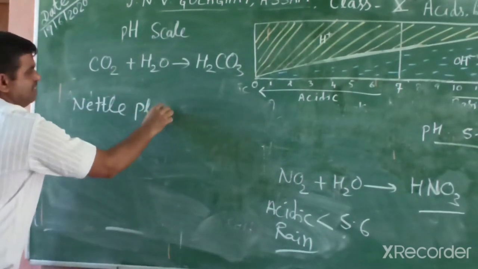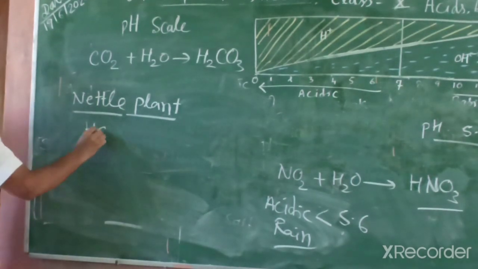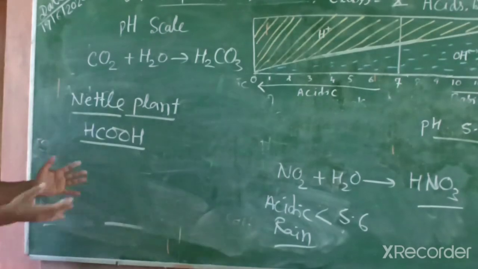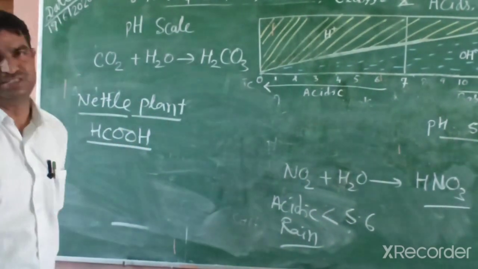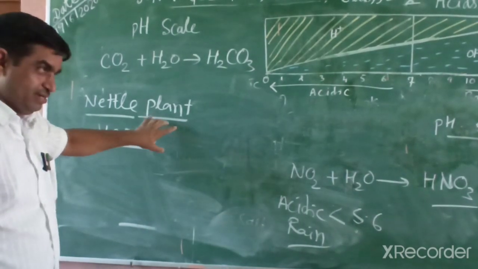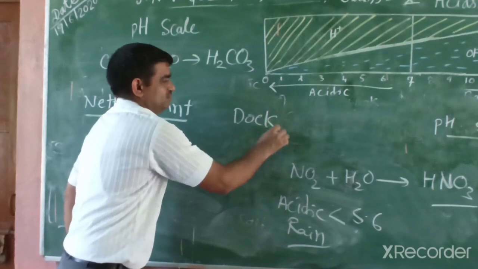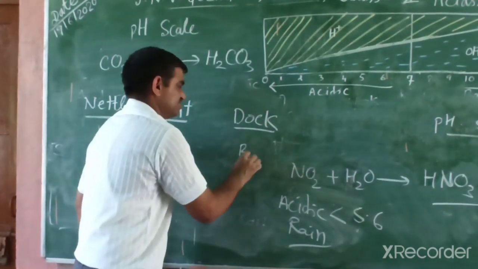The nettle plant also produces formic acid, and its chemical name is methanoic acid. We study this in detail in chapter number 4 about these acids. And another plant is the dock plant. The dock plant's leaves have a basic nature.